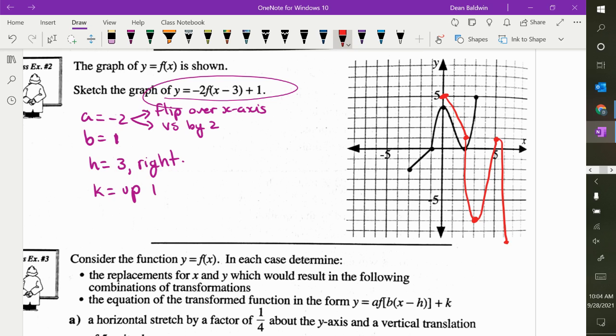It should be probably better drawn than mine because mine's horrendous, but same idea.